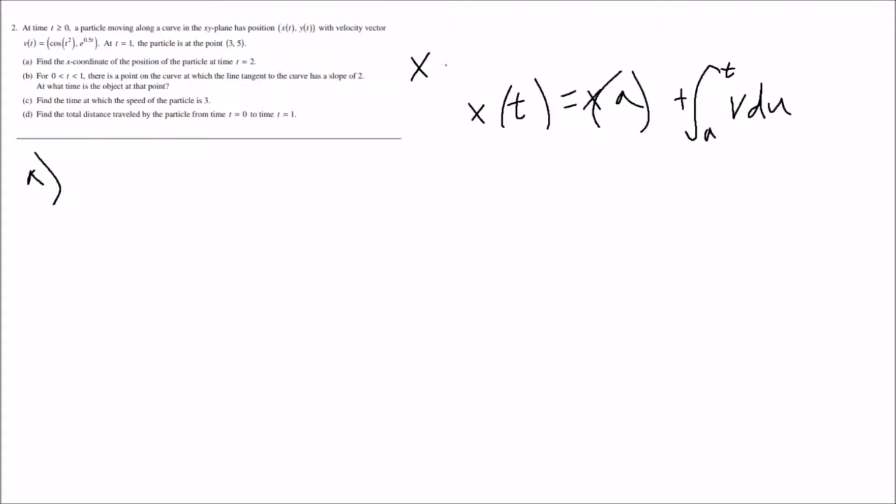Well, we know that x of t is equal to x of some constant a plus the integral from a to t of v du, because position is the integral of velocity, right?